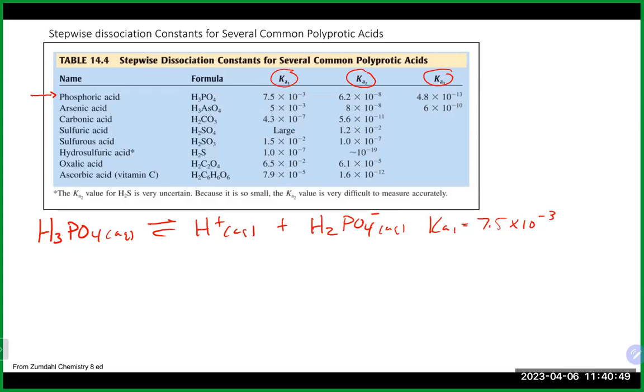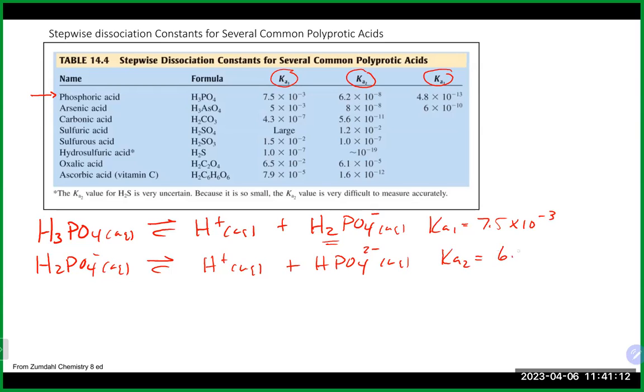The next thing that will happen is this guy here will then lose a second hydrogen overall. And that also has a Ka value of, say, 6.2 times 10 to the minus 8.